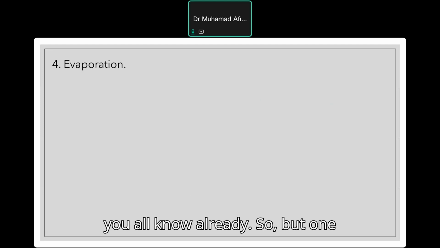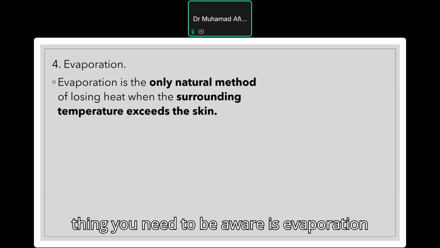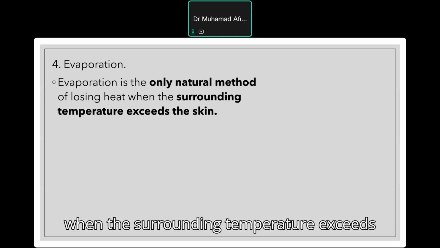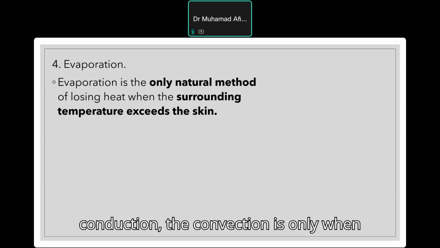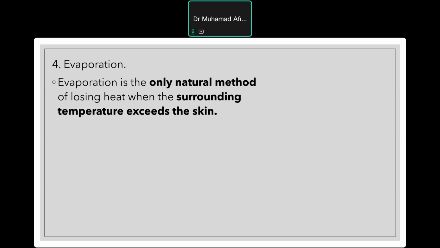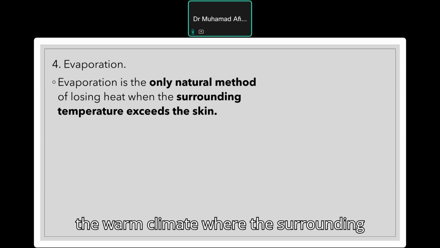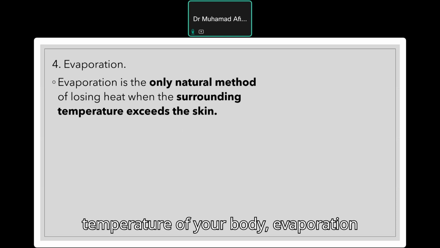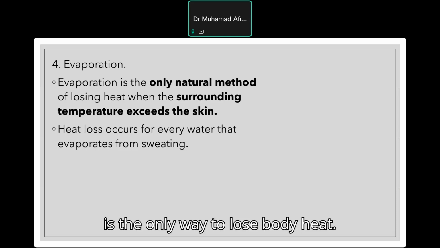I think you all know this already, but one thing you need to be aware of is that evaporation is the only natural method of losing heat when the surrounding temperature exceeds the skin temperature. Radiation, conduction, and convection work only when your body is hotter than the surroundings. But if you are in a warm climate where the surrounding environment is hotter than your body, evaporation is the only way to lose body heat.